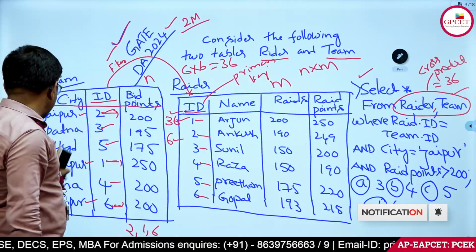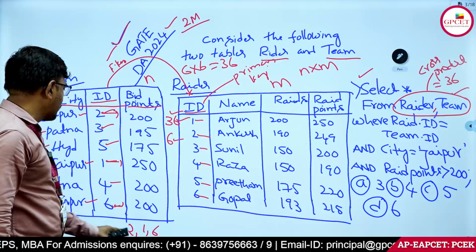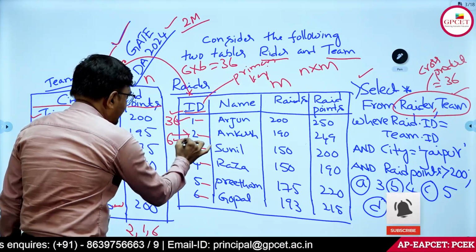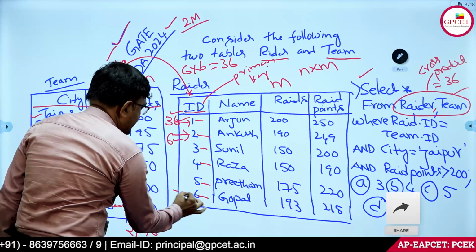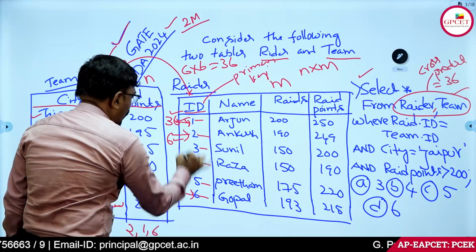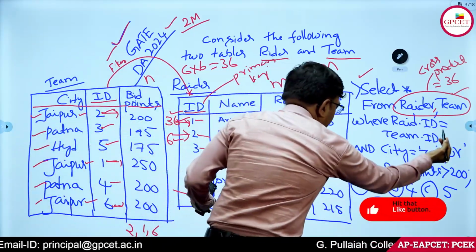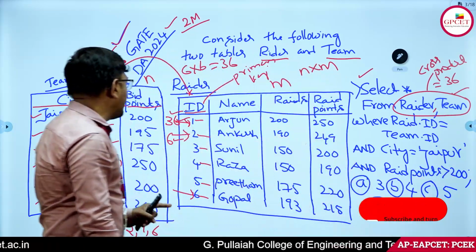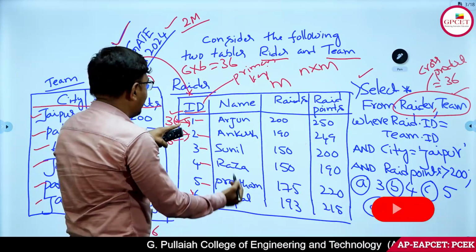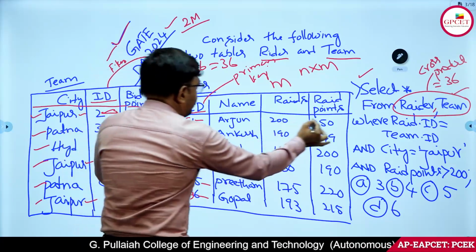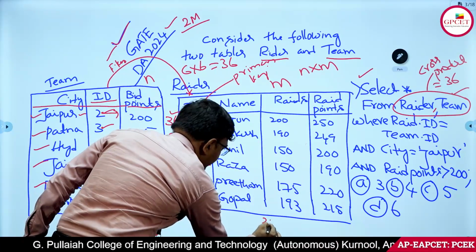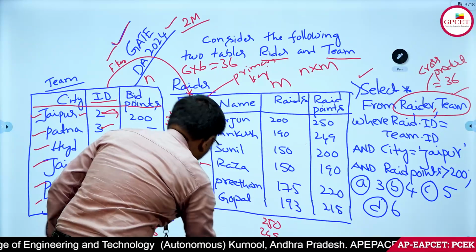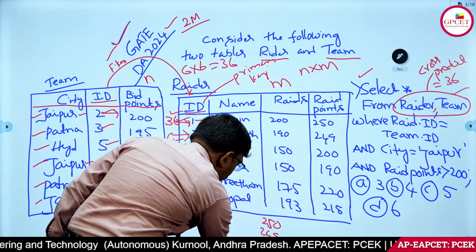Write the table with 2, 1, 6. That is city equal to Jaipur and rate points greater than 200. What is 1? That is 250. 2 is 249. 6 is 215.